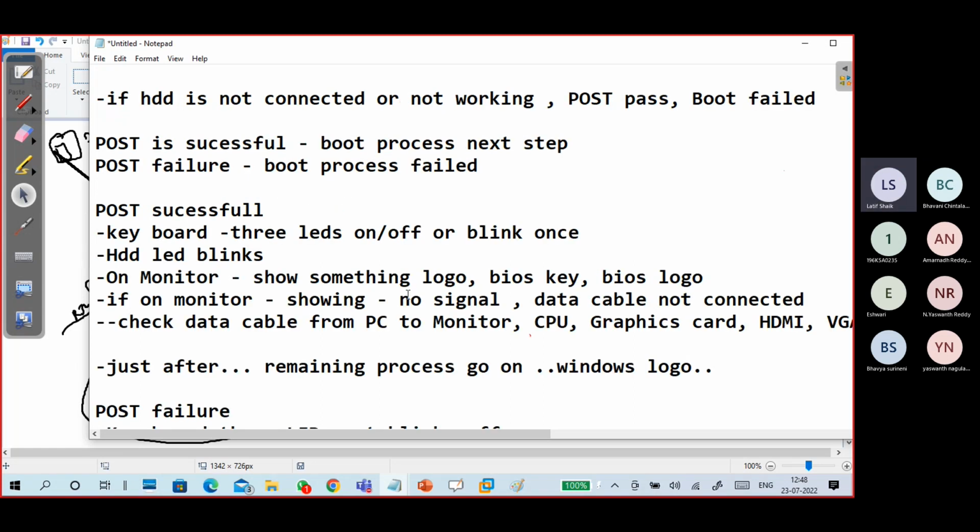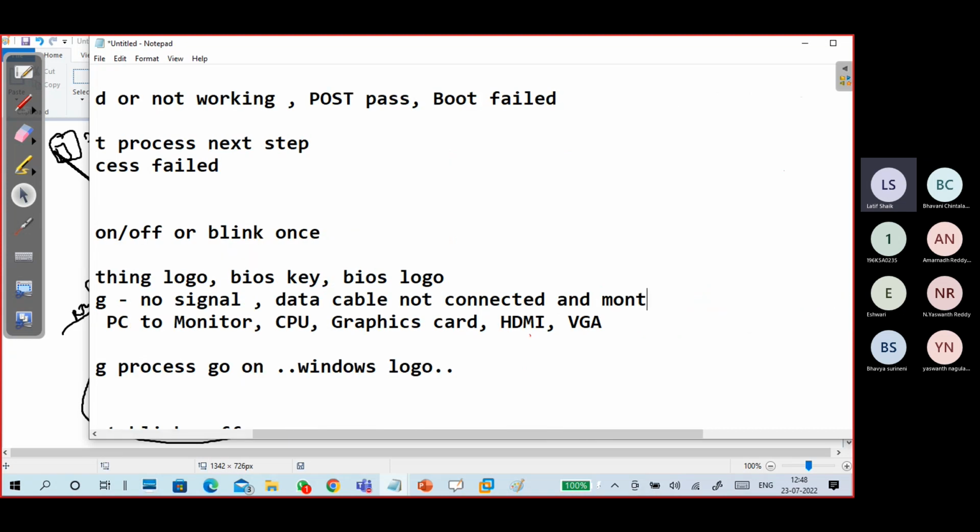Sometimes it shows a no signal message, sometimes it shows a monitor logo.